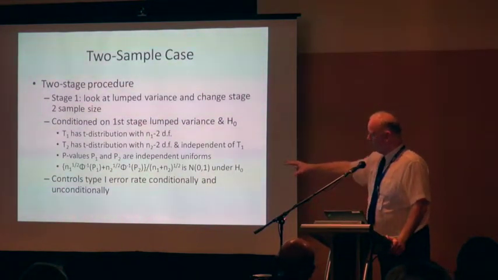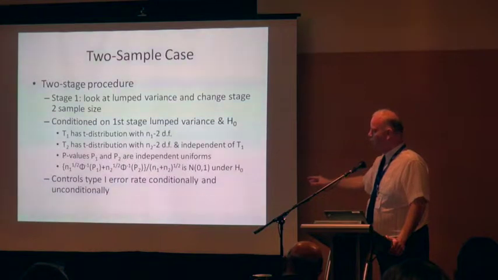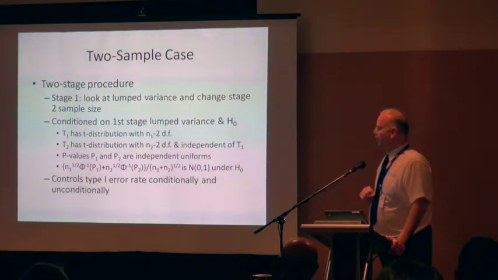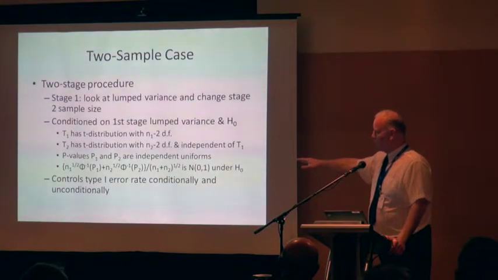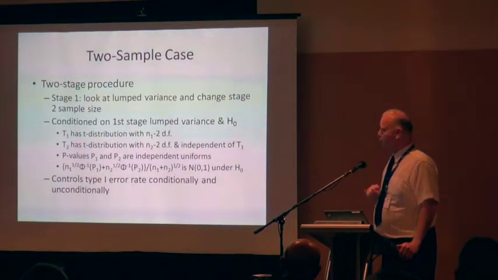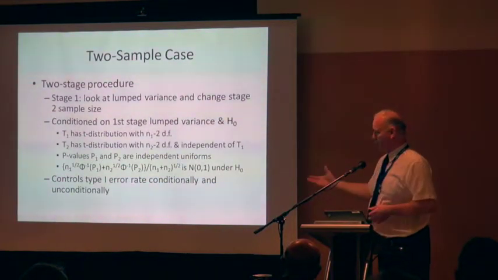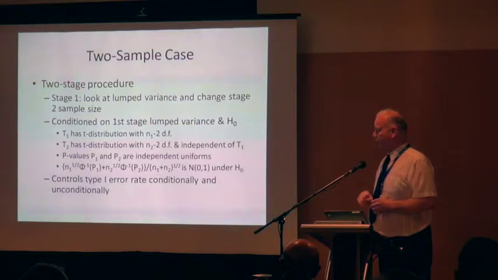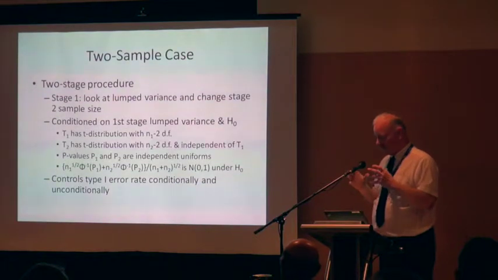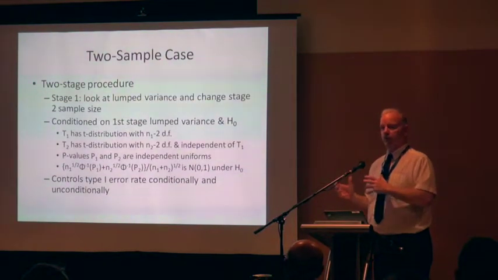You can compute those independent p-values from the first and second stage and then form that weighted combination, and that will be exactly standard normal under the null hypothesis. This procedure will control the type 1 error rate both conditionally and unconditionally. So this is a valid method of using that lumped variance as an estimator of the variance.